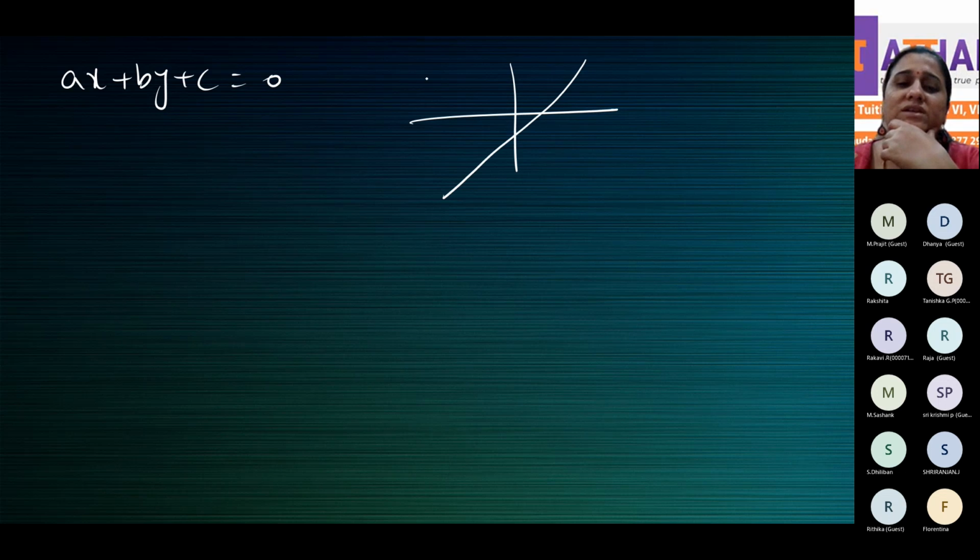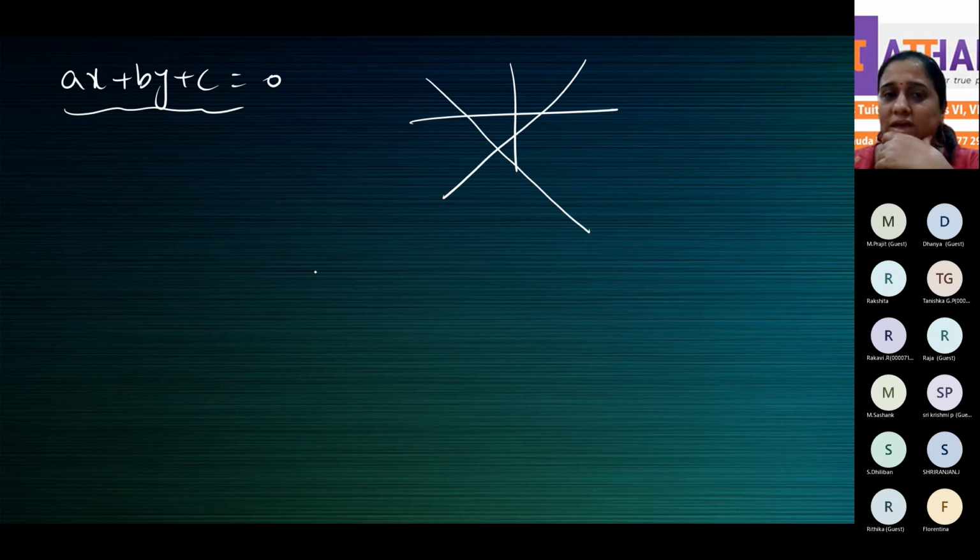You have to only plot and check how the line looks like. It will intersect the x and y axis. It will not be parallel. For other equations, the lines will not be parallel to the x-axis or the y-axis, nor will they pass through the origin. They may intersect the x-axis and y-axis, something like that.